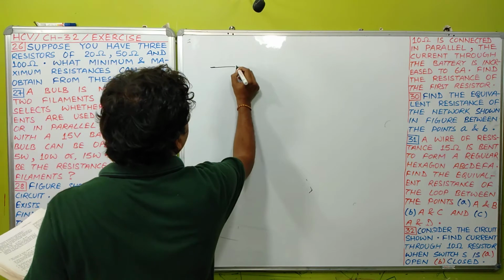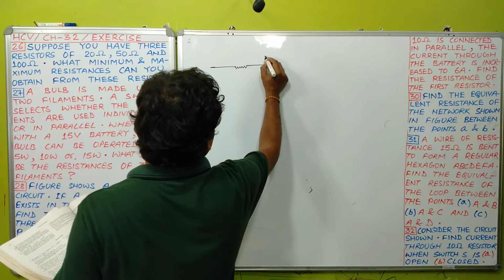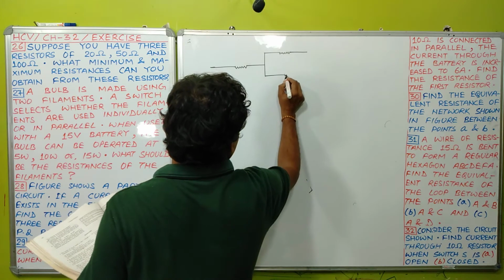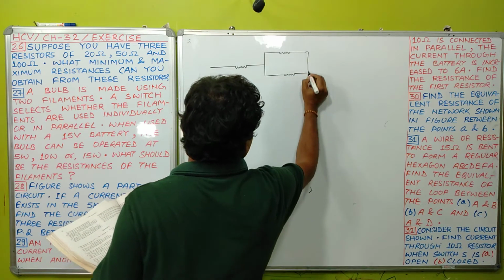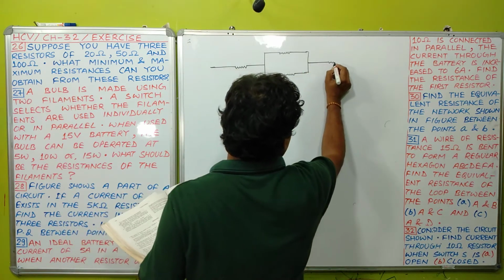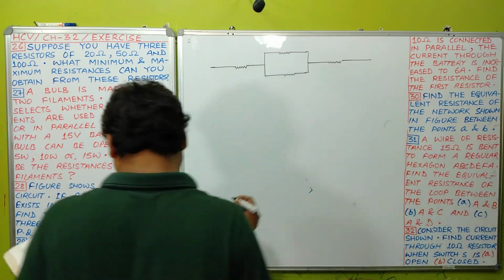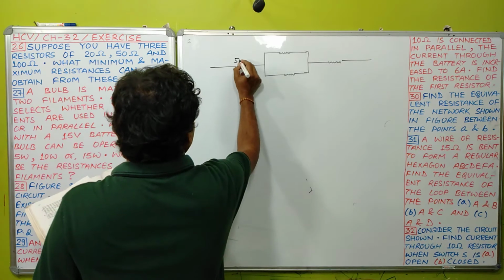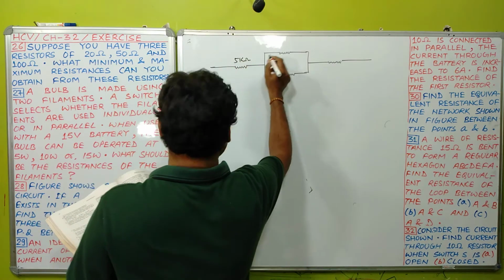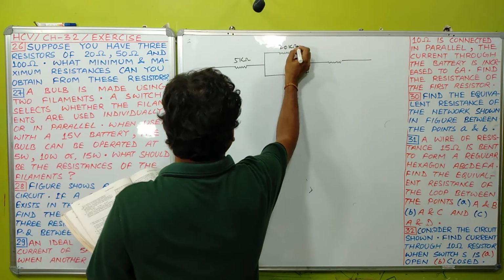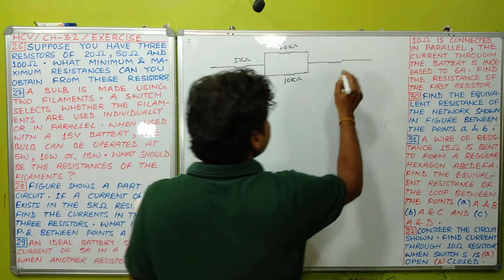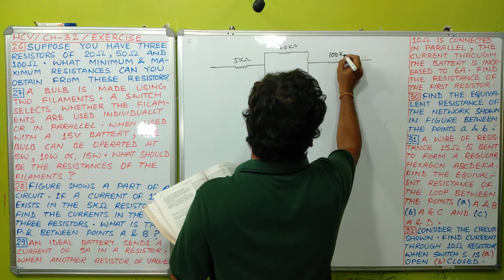There is a circuit like this, and the values of all resistances have been given. These are 5 kilo ohm, this is 20 kilo ohm, this is 10 kilo ohm, this is 100 kilo ohm.